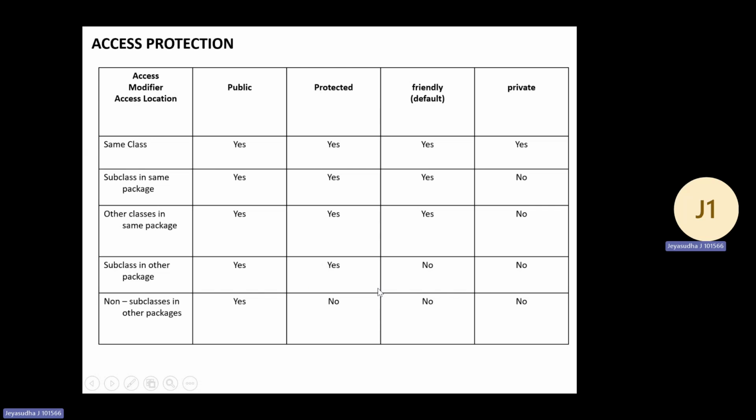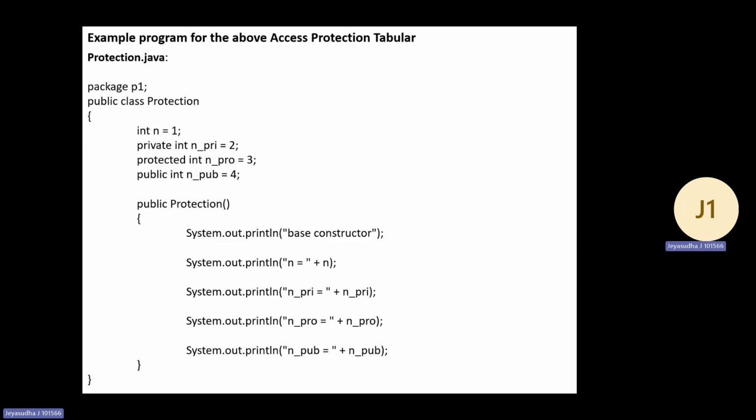We cannot access the default and private ones. Only the public and the protected can be accessed. But in the case of a different class in a different package, you can only use the public data. You cannot use protected, default, and private. So this plays a very important role in the case of the package.